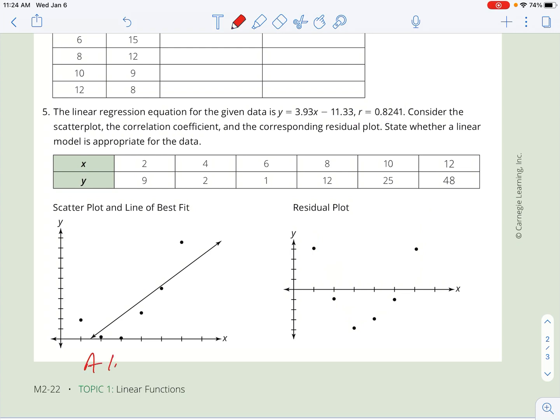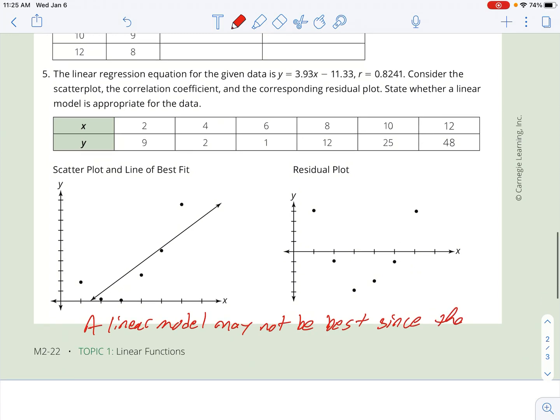A linear model may not be best since the residual plot has a pattern which implies possibly not linear.